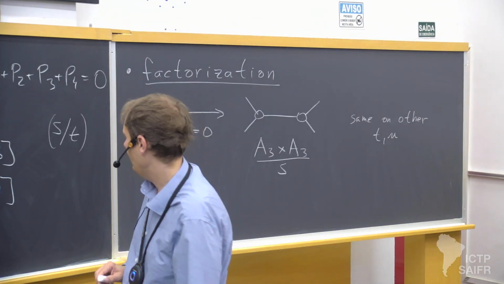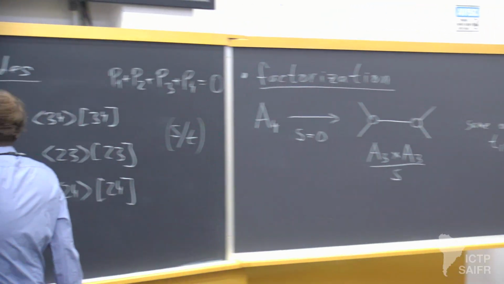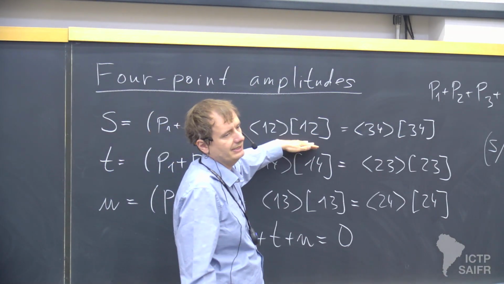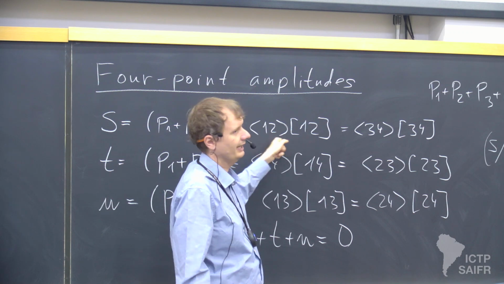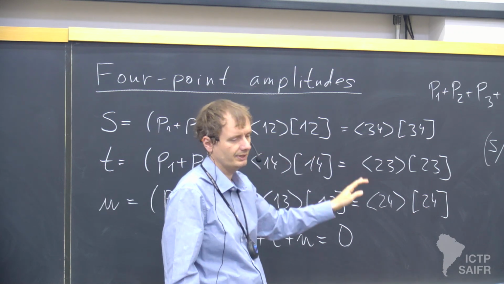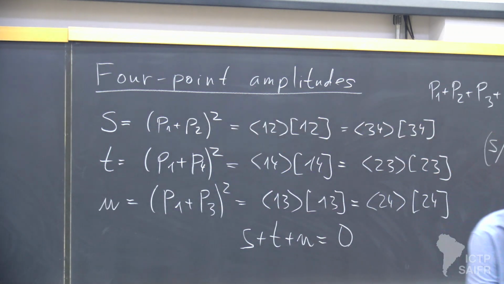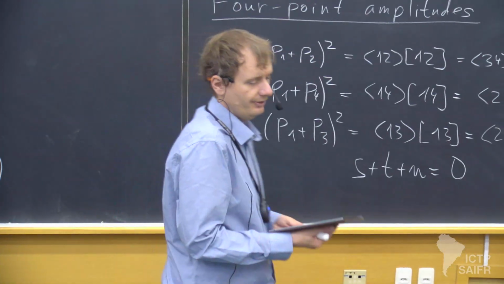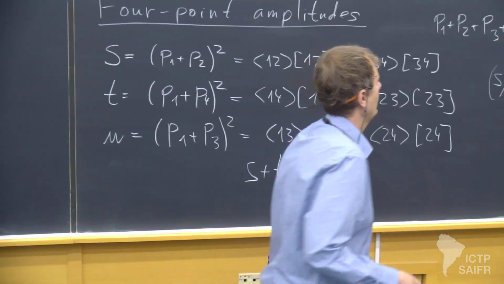But now, as I indicated here, S equals 0 is not a single condition. Yeah, you have to decide how you set things to 0. So we will dive more into the details of how it works. Yeah, but now the property of factorization actually applies to higher point as well.